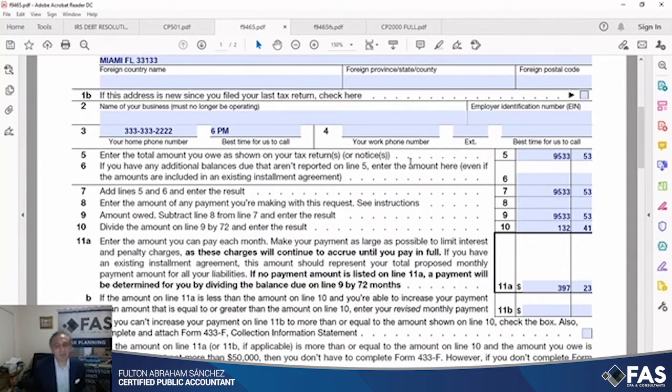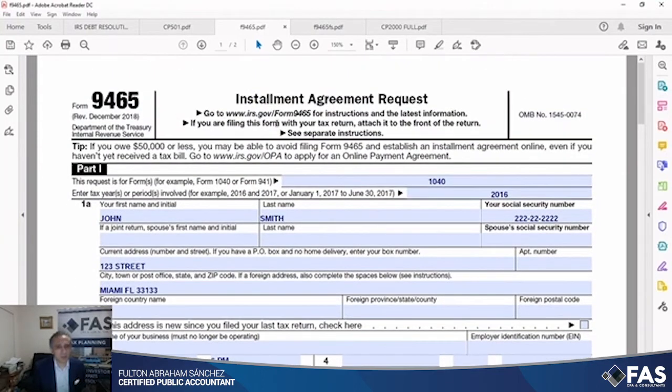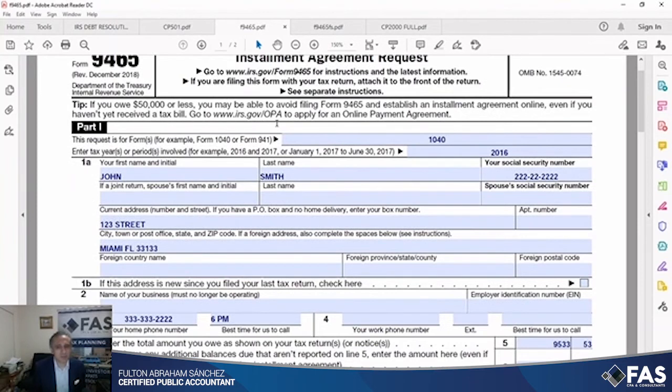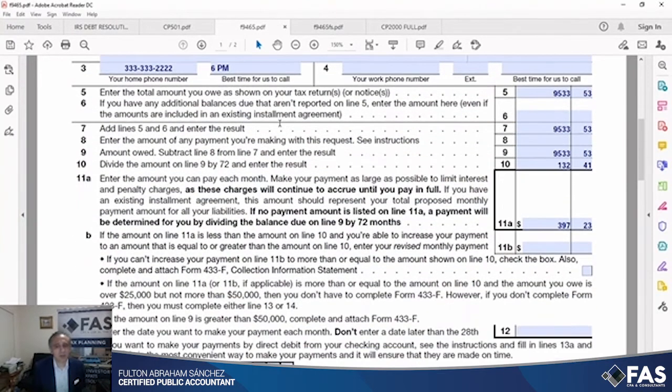In this case, we want to stress the need for an installment agreement when you owe less than $25,000, and you can afford to pay your debt through an installment agreement.